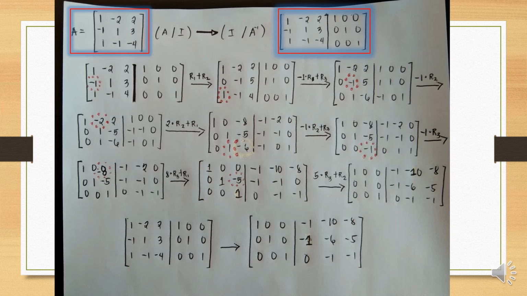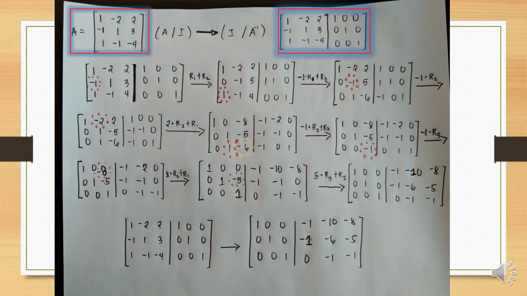So 5 times 0 is 0 plus 0 is 0. 5 times 0 is 0 plus 1 is 1. 5 times 1 is 5 minus 5 is 0. 5 times 0 is 0 plus negative 1 is negative 1. 5 times negative 1 is negative 5 plus negative 1 is negative 6. Negative 5 times negative 1 is negative 5 plus 0 is negative 5.